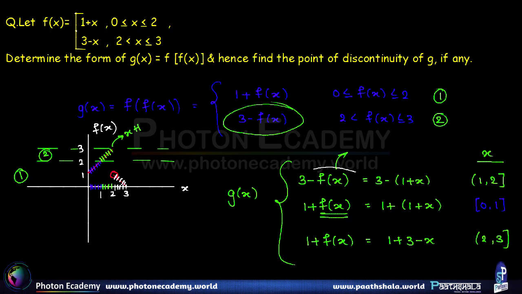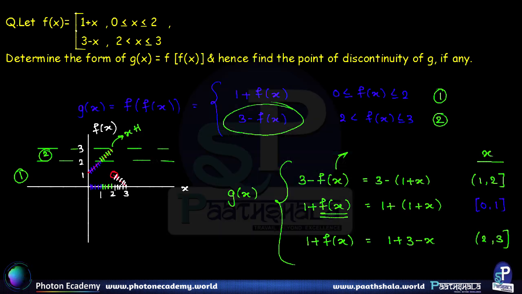Finding the limit of g of x using this definition, it will be 3 minus 1 minus x, so that is 2 minus x, so that is 2 minus 1, that's 1.